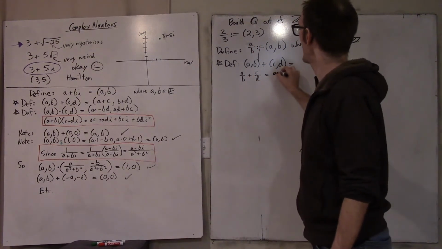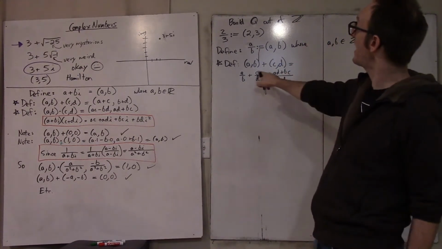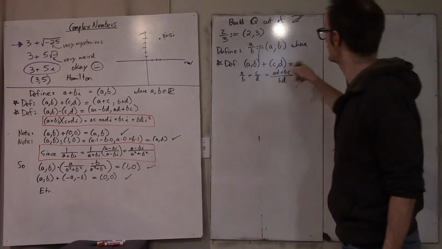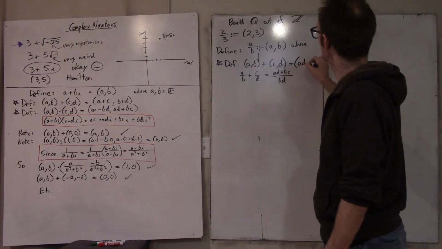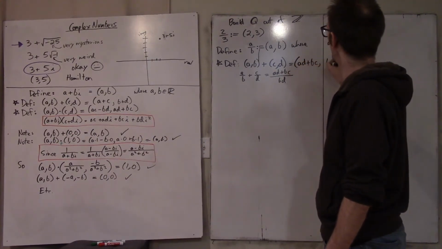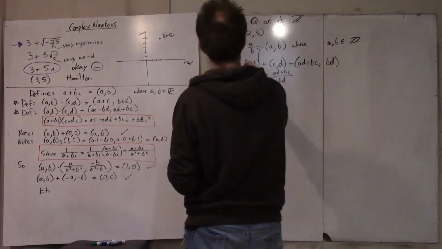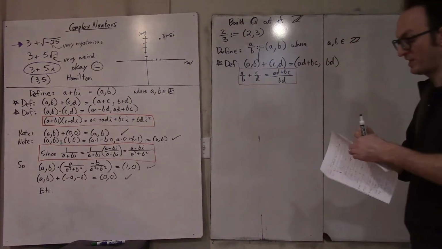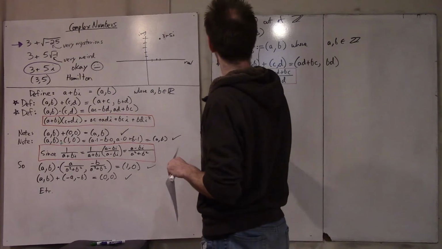That's going to be (AD plus BC) over BD. So let's define the addition of these ordered pairs of integers to be just (AD plus BC, BD). Great. Putting a red box around this because, once again, this is scratch work, not really part of the theory. Moving right along.